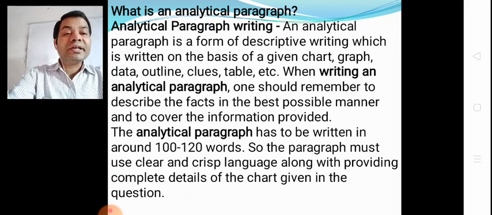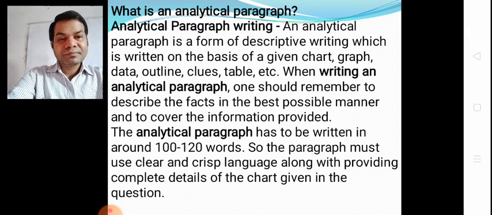The analytical paragraph has to be written in around 100 to 120 words. So, the paragraph must use clear and crisp language along with providing complete details of the chart given in the question.